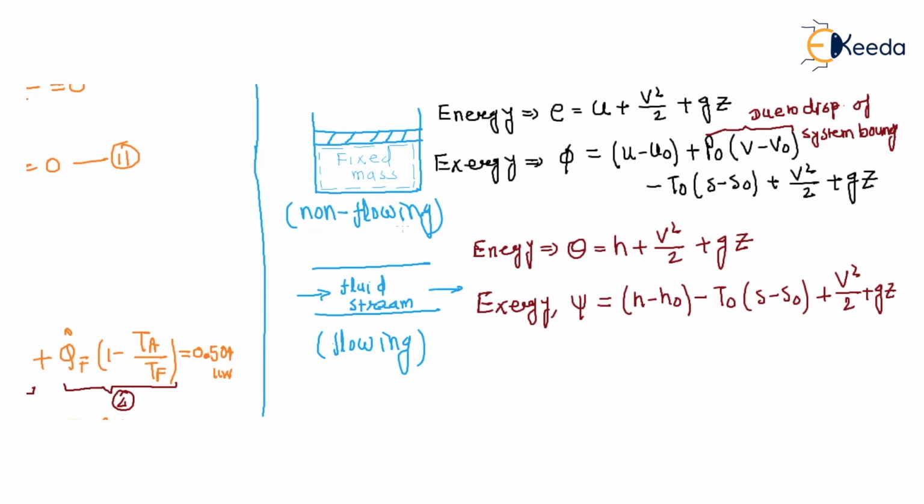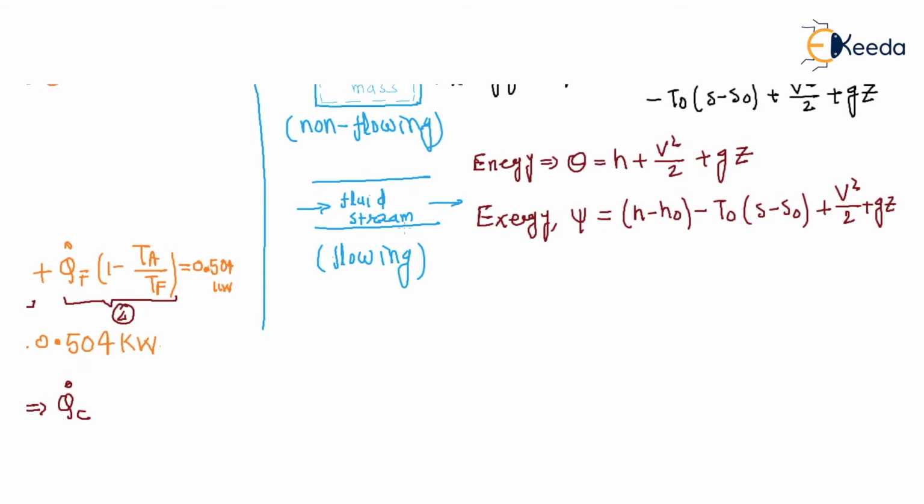There is one question asked in the GATE. This is due to flow, due to irreversibility associated with the system. This is the kinetic energy.